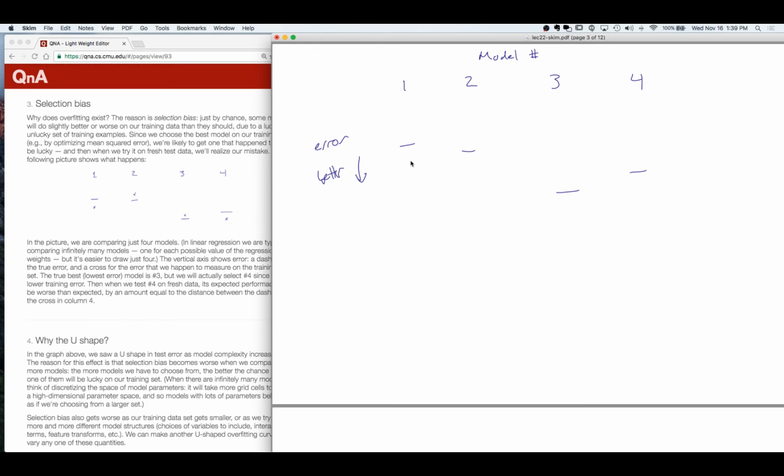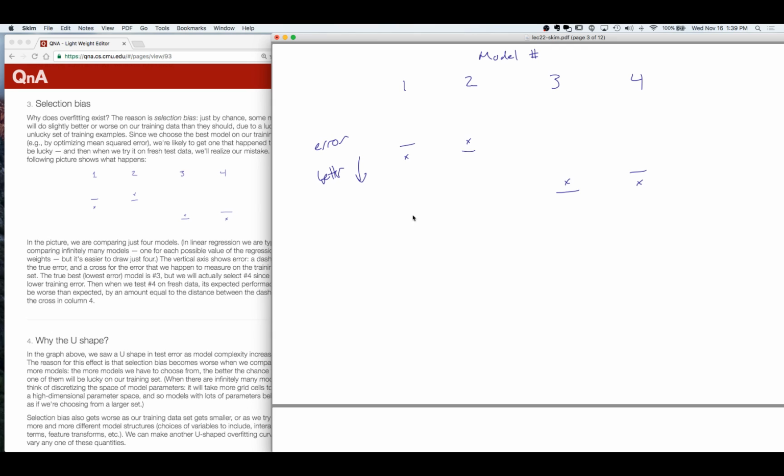And since we don't have an infinitely large sample, the actual measured error of each of the models is going to be a little bit different from this value. So maybe it's here for model 1, here for model 2, here for model 3, and here for model 4. And so the true best model, the one with the lowest error, is 3.